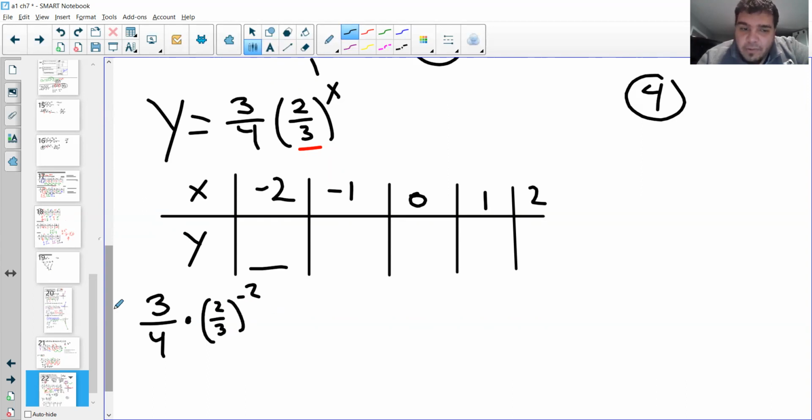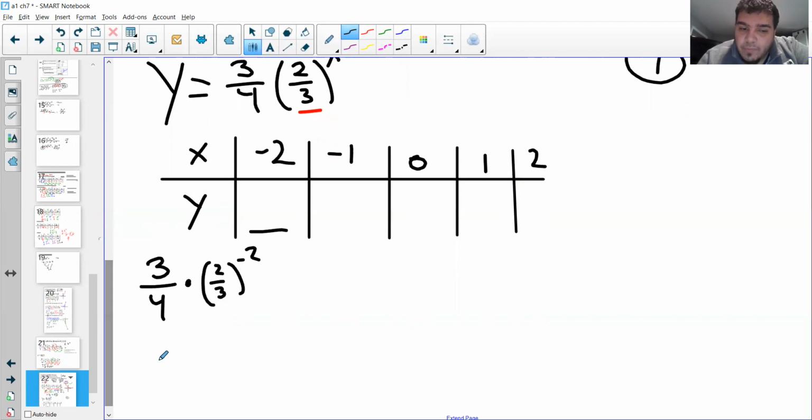There's a lot of things going on in this situation. The first thing is I have a negative exponent here. Because I have the negative exponent, I'm going to flip that fraction. So 3 over 4 times 3 over 2 to the 2nd power.